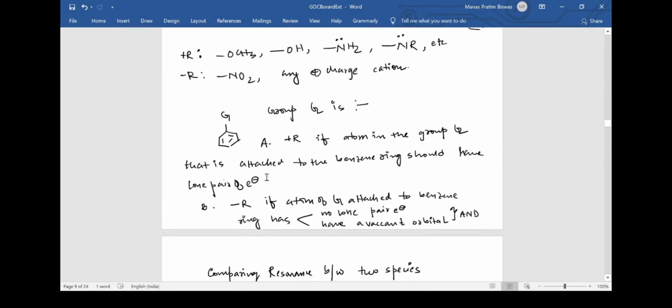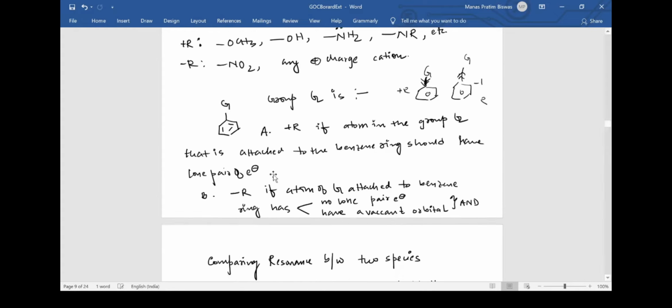So schematically, if the group is attached like this and the electron movement is downward, then this will be a plus R group, and if the electron movement is upward towards the G, then this will be a minus R group.